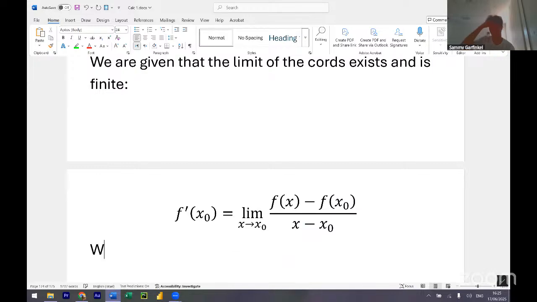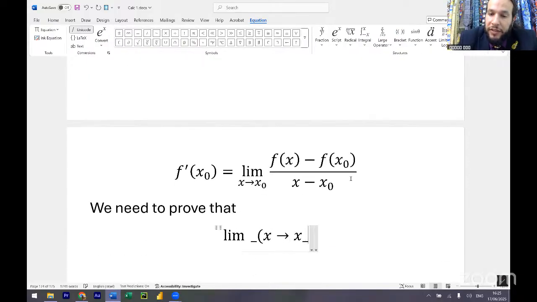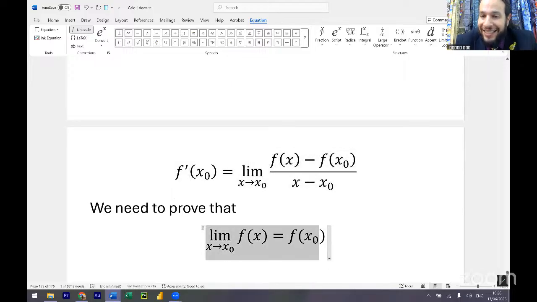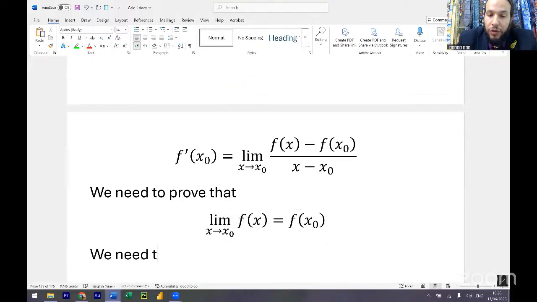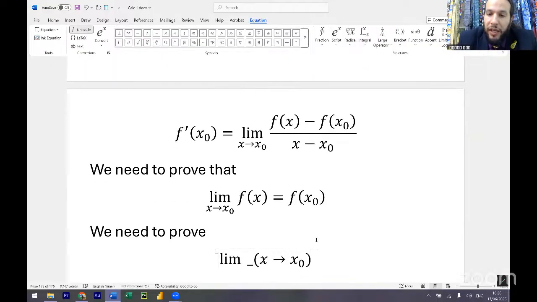We need to prove that the limit as x goes to x0 of f of x equals f of x0. That's continuity. So we need to prove that the distance between f of x and f of x0 goes to 0.